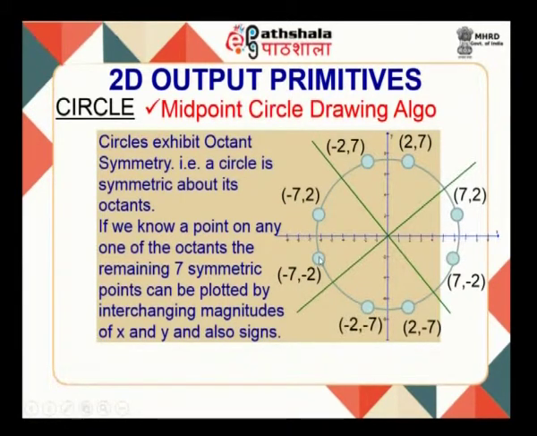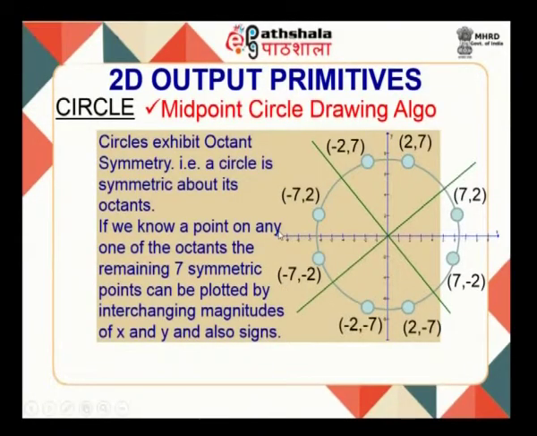Like this there are 7 other symmetric points for one point, that is, there are 8 symmetric points. If you compute one point on one of the octants, the other 7 symmetric points can be easily plotted by interchanging the x and y values and changing the signs. That is the interesting part.